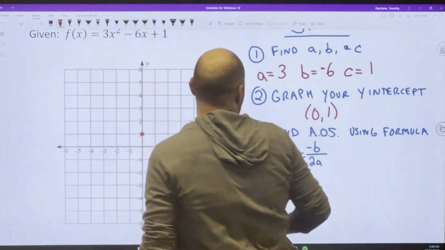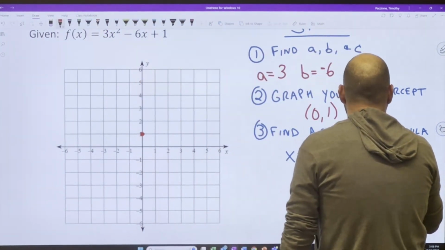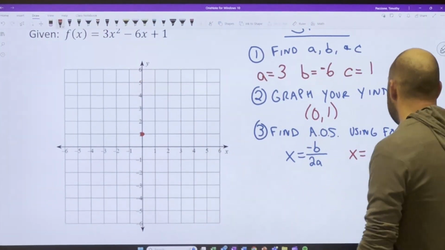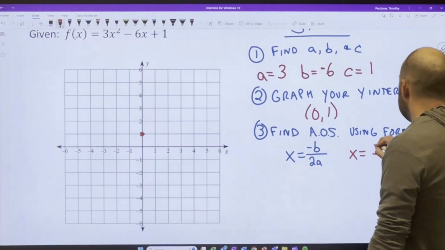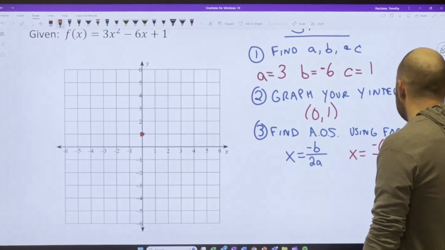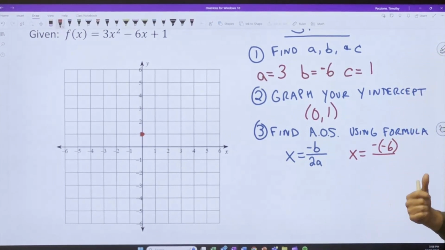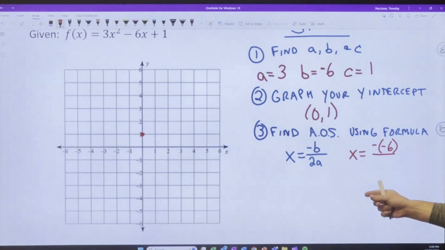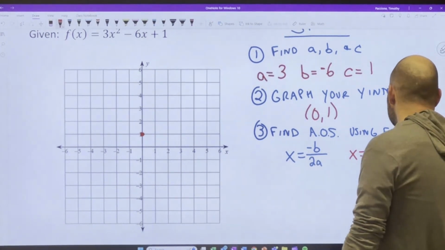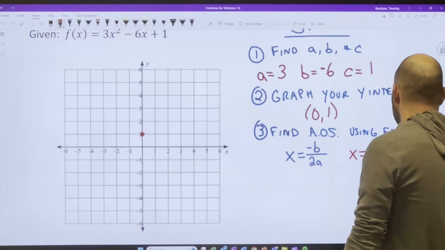Okay? So this is where we start using our other letters, right? So in our case, our axis of symmetry will be, well, it says -b, so -(-6), right? So if there's already a negative, you have to go negative, okay? And then over 2 times, our a is what? 3.